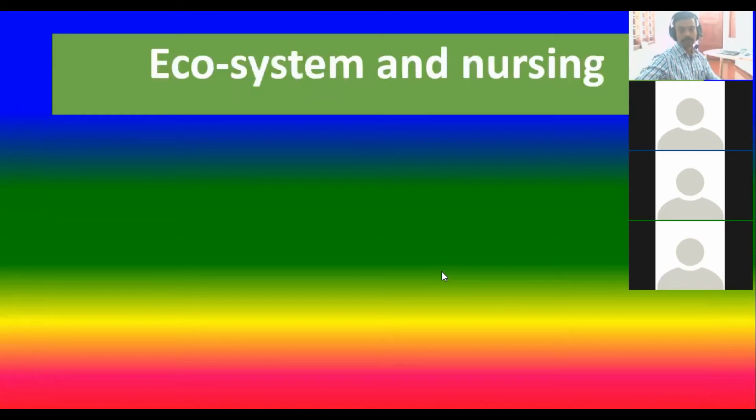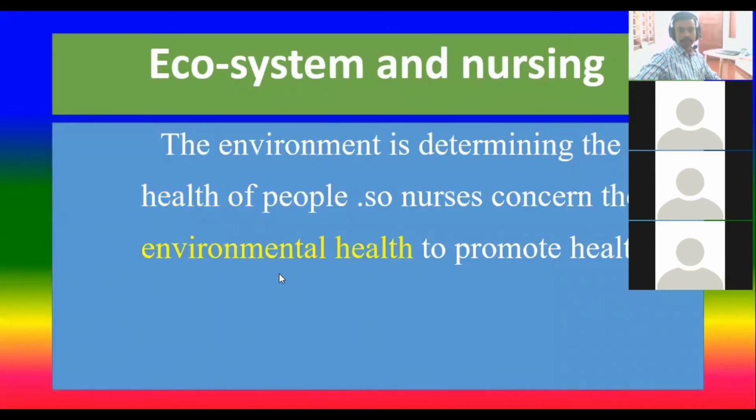Then ecosystem and nursing. Students, now the government has ordered every university, including health as well as arts, engineering and technology universities, that environmental study is fundamental for every undergraduate program.